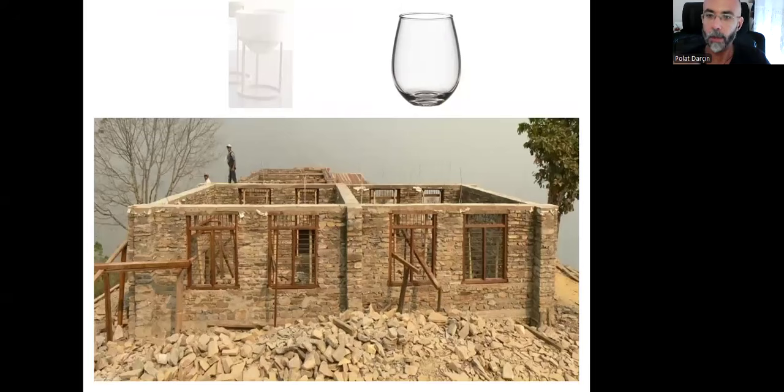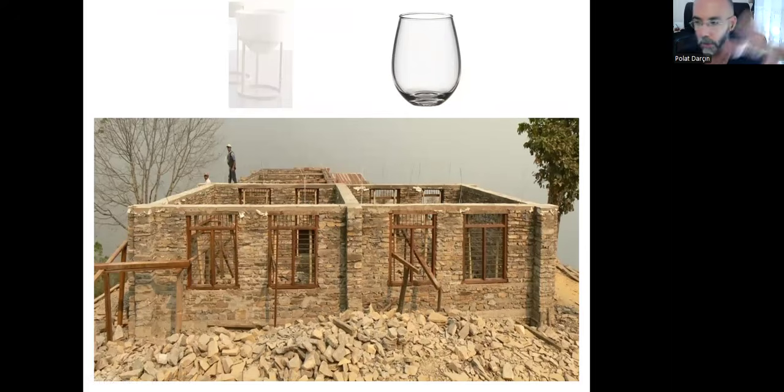So we can see the same thing in a building. If we take a look at this picture, we can easily say that the whole envelope, all these vertical surfaces, the walls, it's like this drinking glass. There is no separate system. These walls carry the loads themselves.